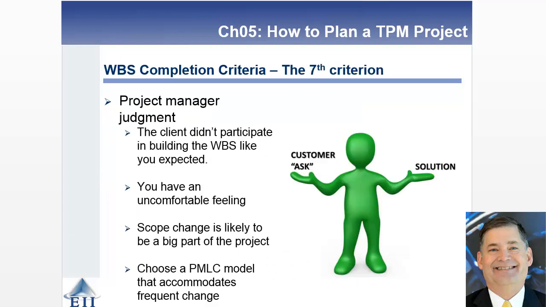All right, the 7th criterion is going to be project management judgment. If the client didn't participate in building the work breakdown structure like you expected, you feel uncomfortable about this, you see lots and lots of scope changes coming, you need to pause and think about this a little bit more and say, is a traditional project management approach going to be the right model, or should we move to a project management lifecycle model that accommodates more changes?